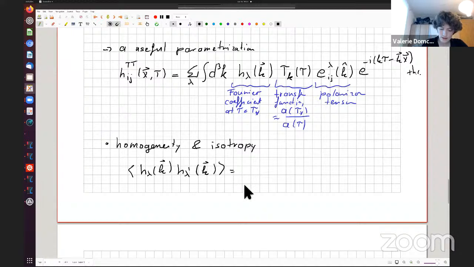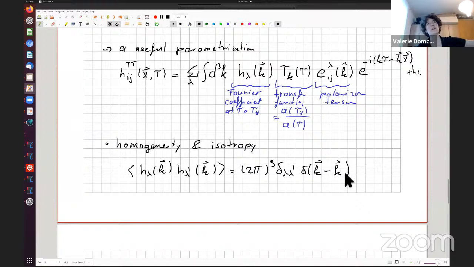And the cosmological concept of homogeneity and isotropy tells us that this two-point function will be given by, okay, so the two polarizations are orthogonal. Then homogeneity tells us that we have a shift symmetry, we can evaluate the two-point functions at different points in space, and you should always get the same.